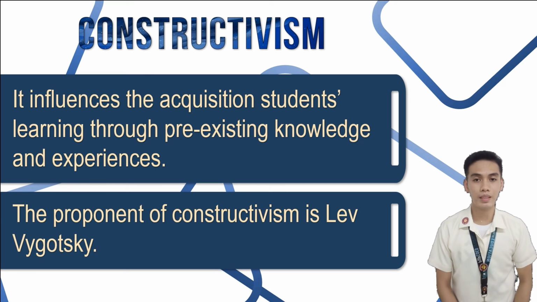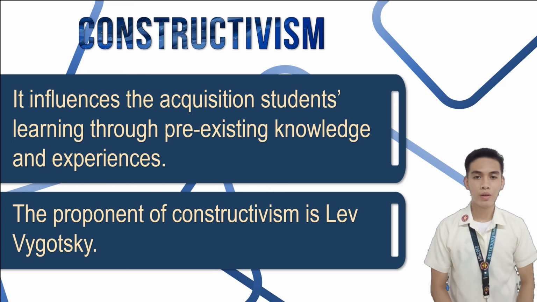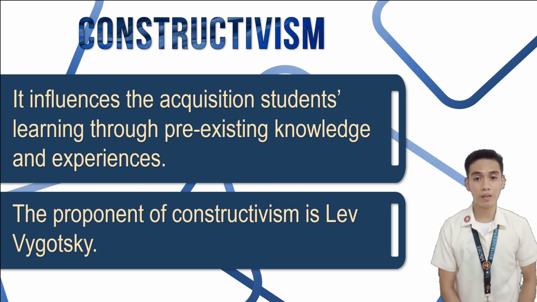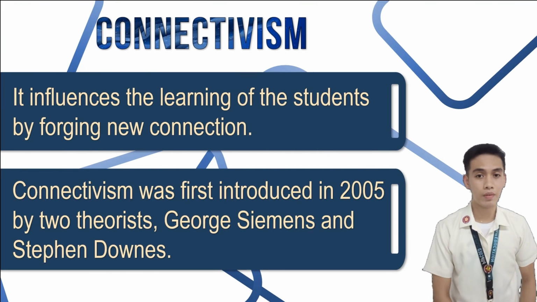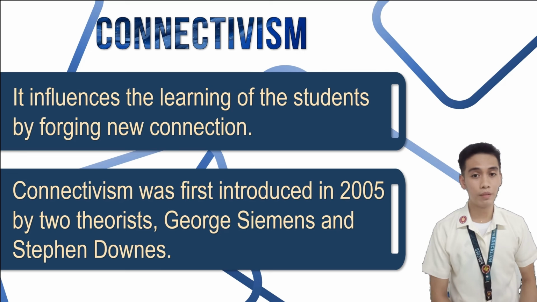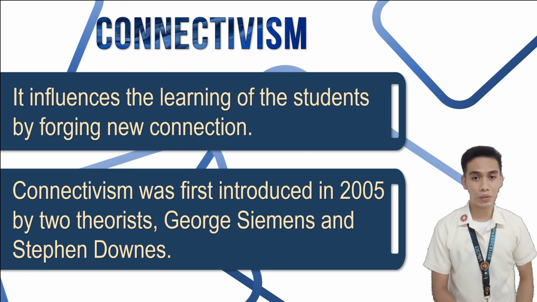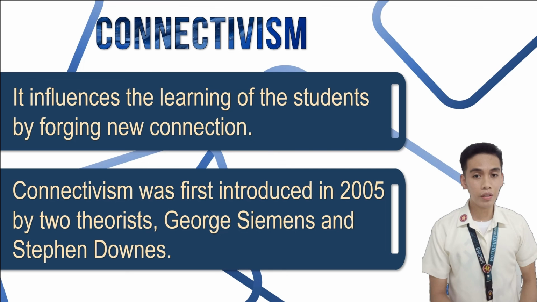Miss Obsod, please stand up. What is the last educational theory? Very good. So the last educational theory is all about connectivism. So what is connectivism? And how does connectivism influence student learning? Okay, so in this theory, the learning of the students can be influenced by forging connection.